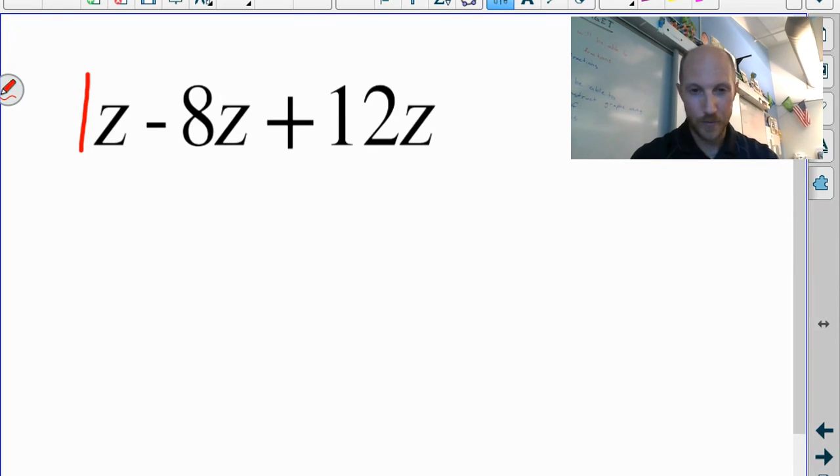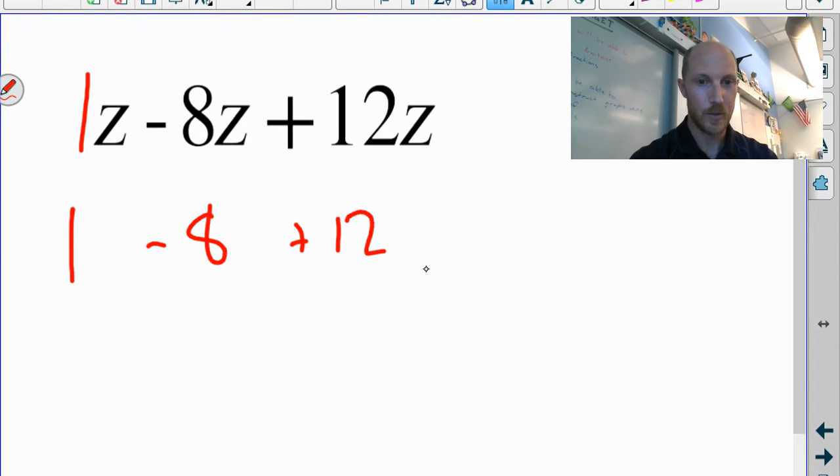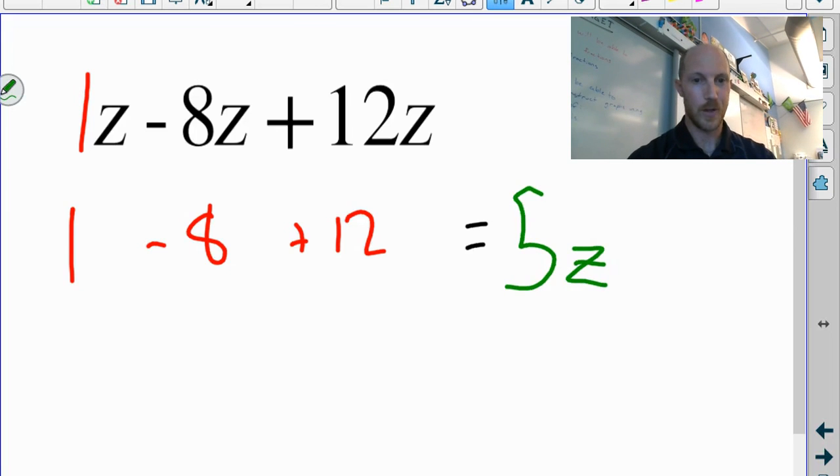So what I'm doing to find my answer is that 1 minus the 8 plus the 12 to get the coefficient answer. And then I know that the label z is going to go on there as part of my answer because that is the thing that I'm actually counting. How many z's are there? So 1 minus 8 is negative 7, and then plus 12 is going to give me positive 5. The label does not change, so this is going to be 5z.